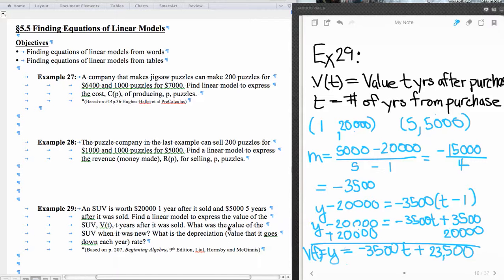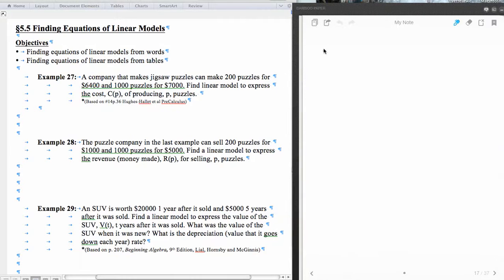So the next question it says is, what is the value of the SUV when it's new? Well, that is asking you for the value of the y-intercept. So the model v of t equaling negative 3,500 t plus 23,500 tells us that when it's brand new, t equals 0.